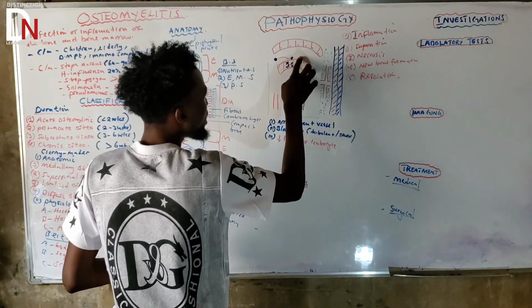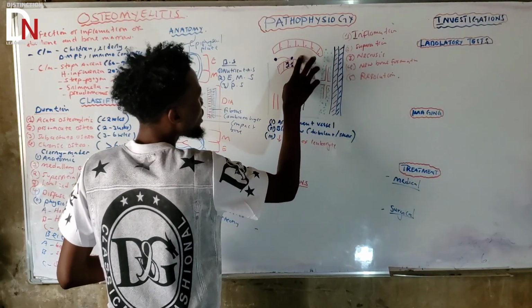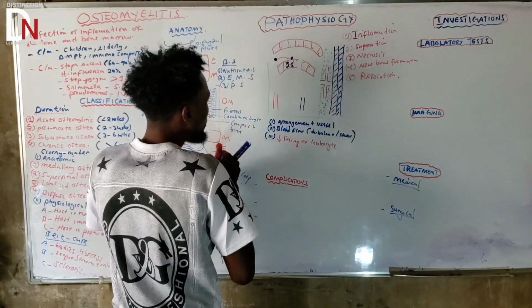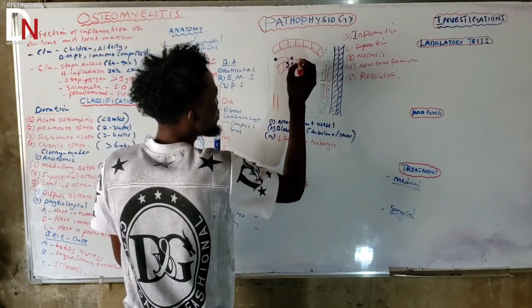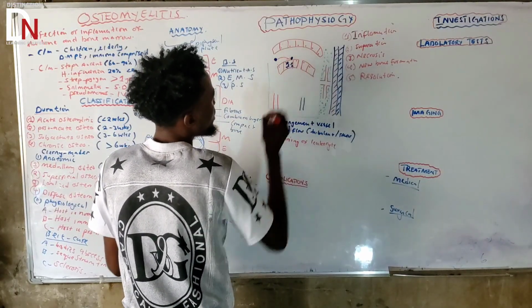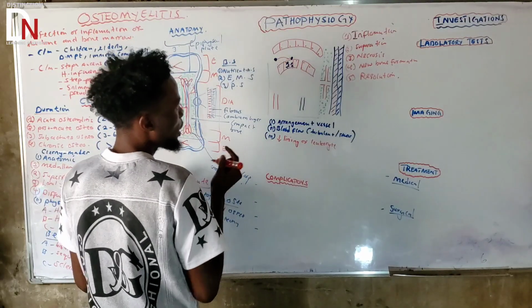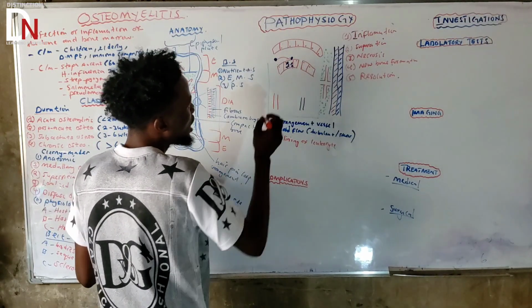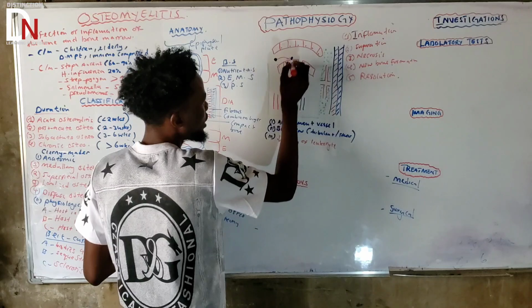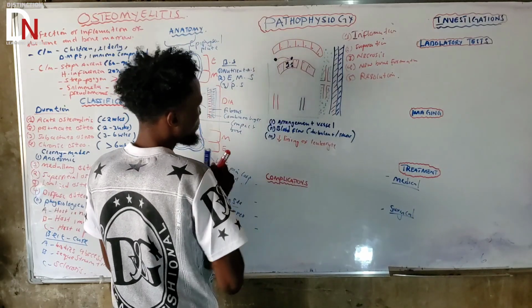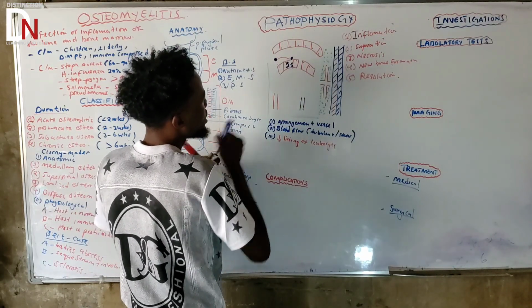Because of inflammation, there will be an increase in the permeability of these endothelial cells. If there is increased permeability, what do you think is going to happen? Remember this is the fluid which is here.